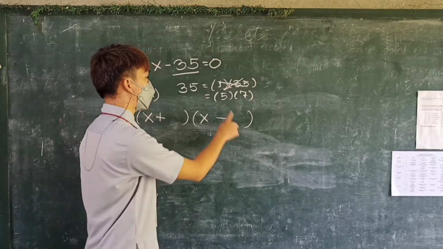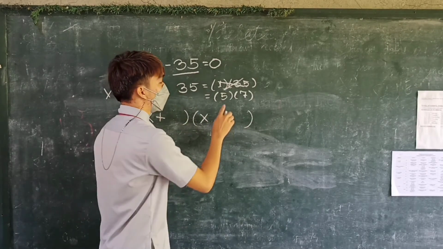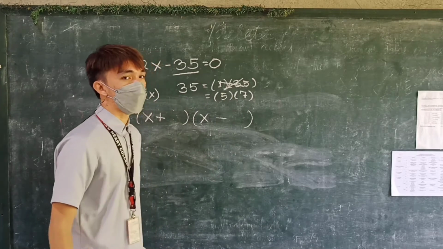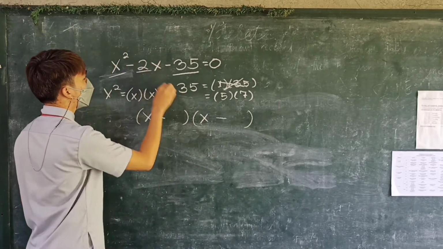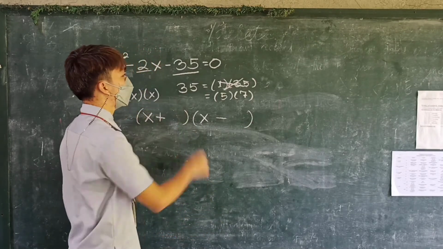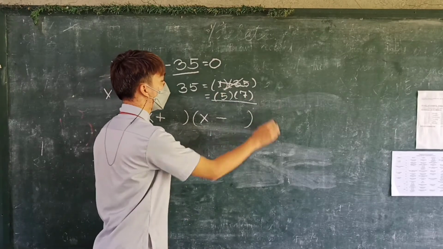Next we have 5 and 7. 5 times 7 equals 35. Then 5 plus 7 is 12, but 7 minus 5 is 2. As you can see, the coefficient of the middle term is 2, so we can use 5 and 7.